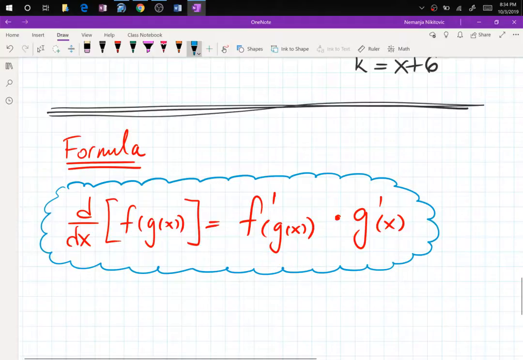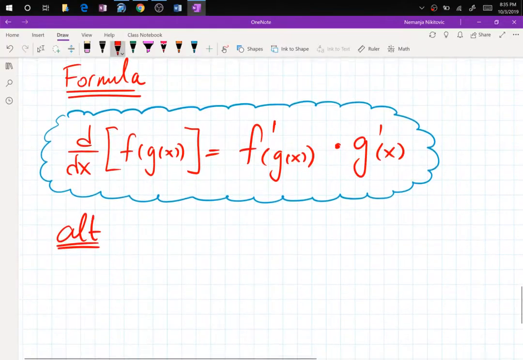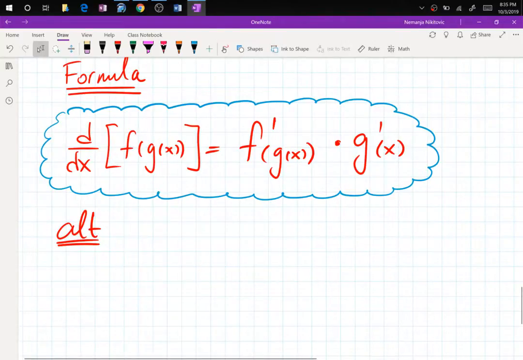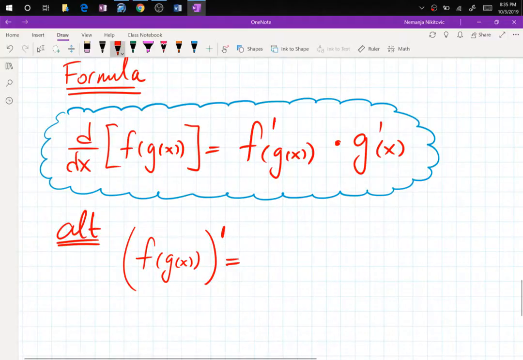Now, we'll do a ton of examples, but let's see the alternate version. The alternate version of this one says this.